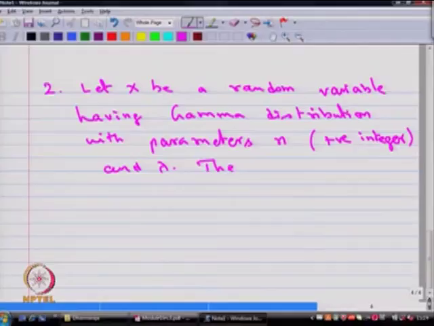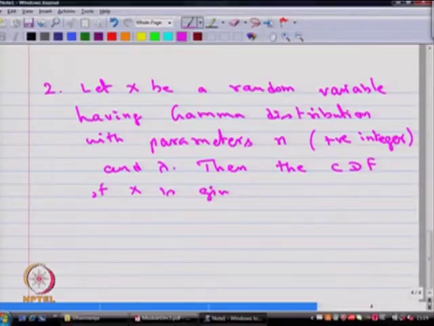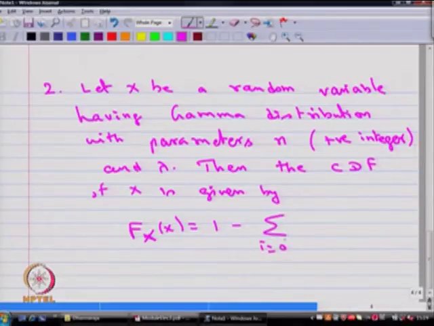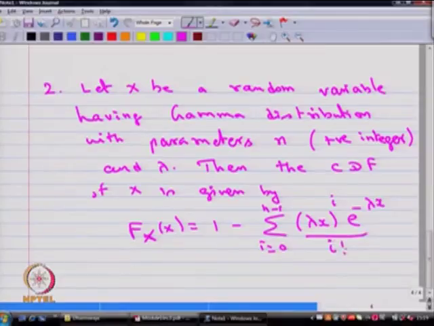Then the cumulative distribution function, CDF, of X is given by capital F of x for the random variable X, that is 1 minus summation i equal to 0 to n minus 1 of (lambda x) power i e power minus lambda x divided by i factorial.